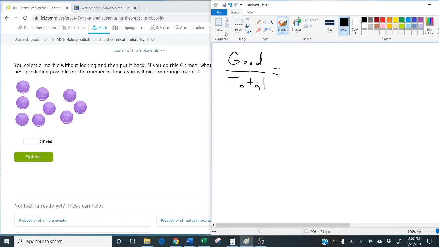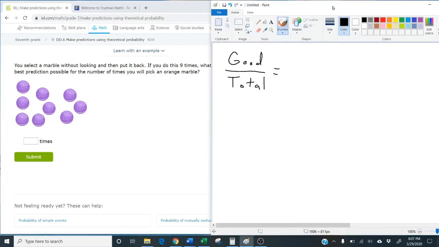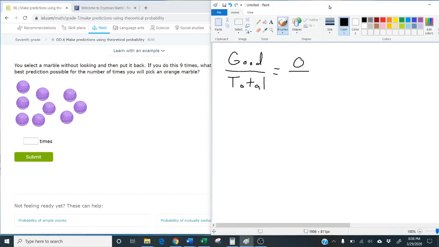Remember we want an orange marble. Orange marbles are good for us. How many orange marbles are there here? There are 0 orange marbles. There are no orange marbles there, so we'll put 0 over here in the fraction. Out of a total of 1, 2, 3, 4, 5, 6, 7, 8, 9 marbles.